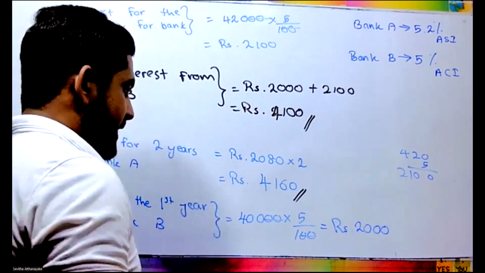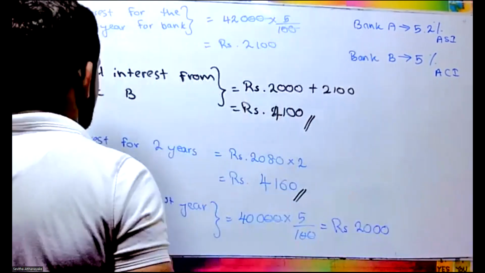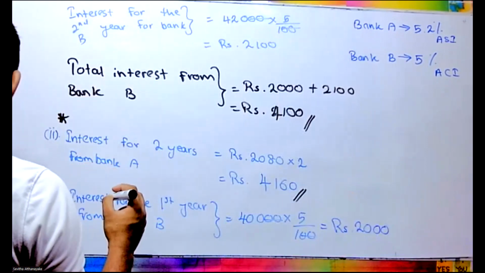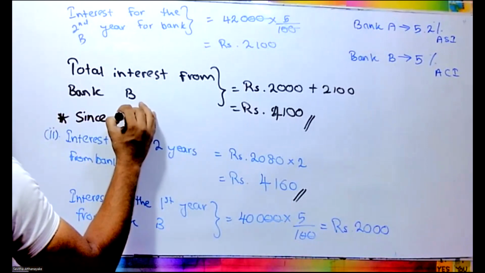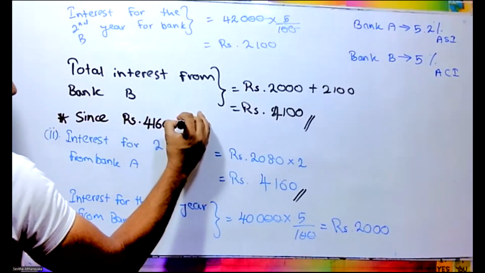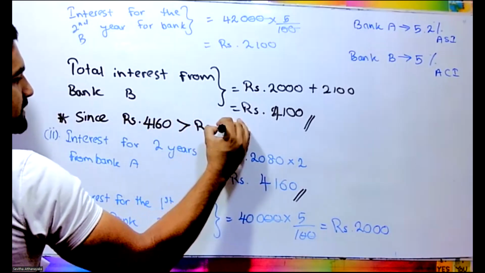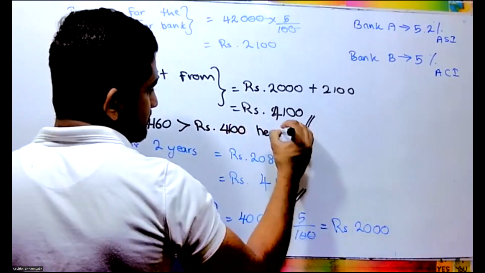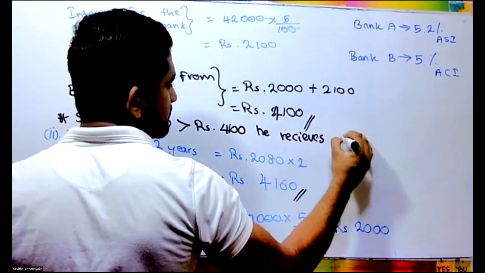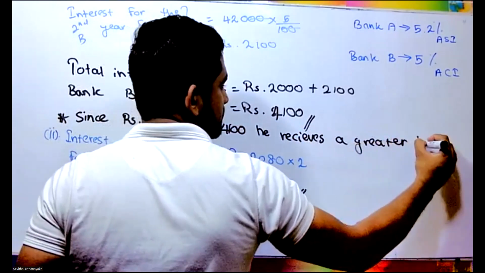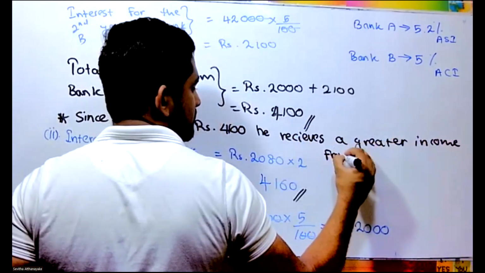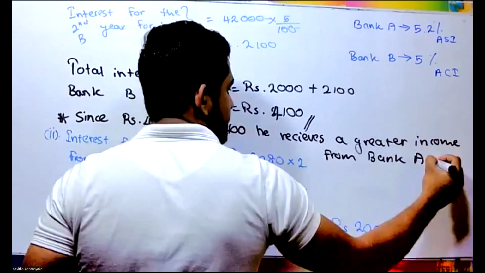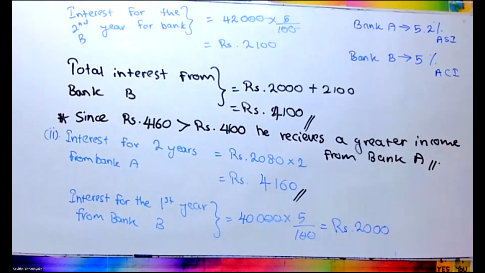Bank A. So as the last answer you should write: since rupees 4,160 is greater than 4,100, he receives a greater income from bank A. So for writing this part also you get 1 mark.